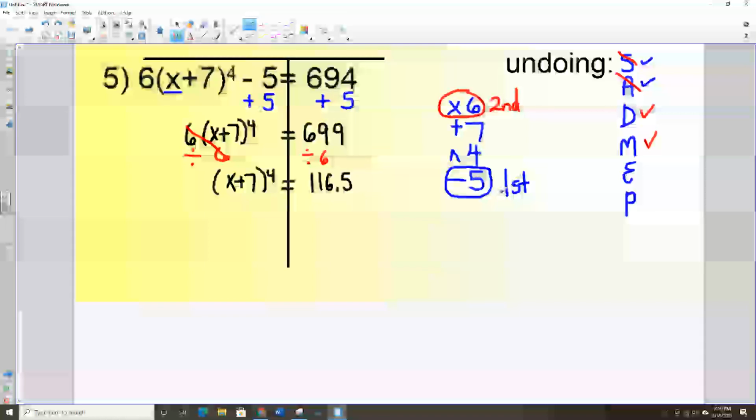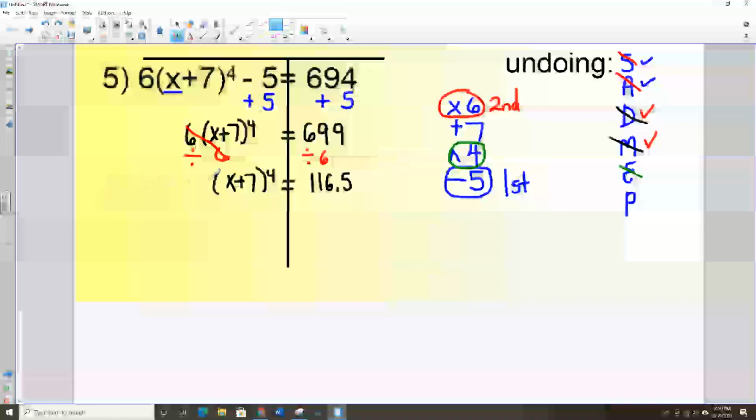All right. Then we have two things left. We have the plus 7 and we have to the fourth power. We've taken care of dividing and multiplying. Now all we have left is exponents and parentheses. So what are you going to undo first, the plus 7 or to the fourth power? The correct answer is you're going to take care of to the fourth power because that's an exponent.